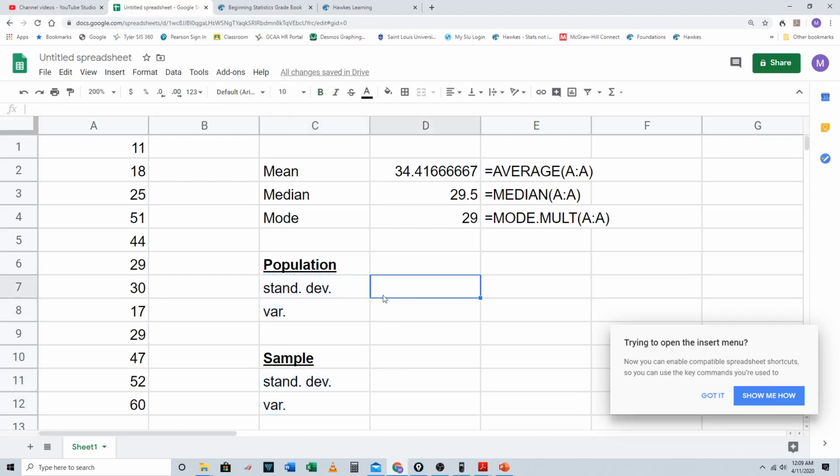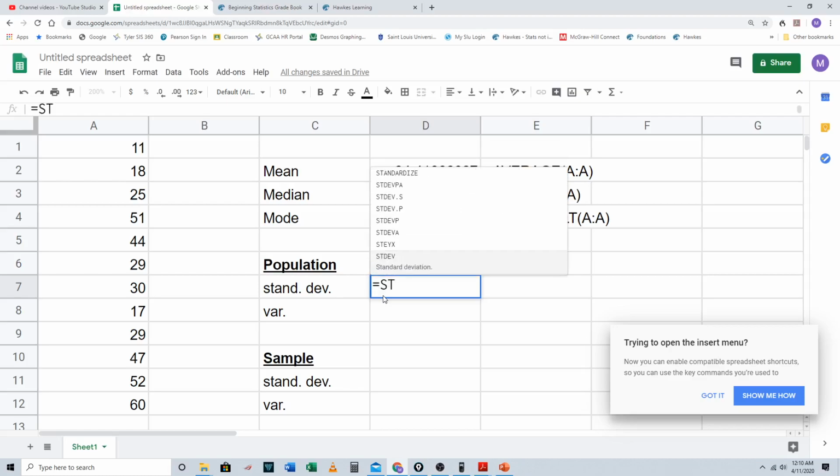Now, the formula for standard deviation for a population is a bit different. It is STDEV.P. Again, you can see it's .P for population, .S for sample.